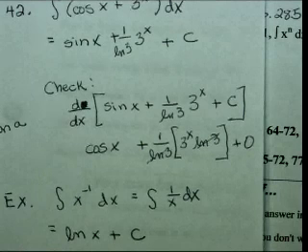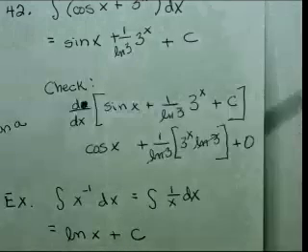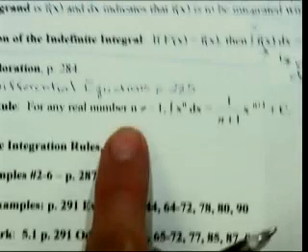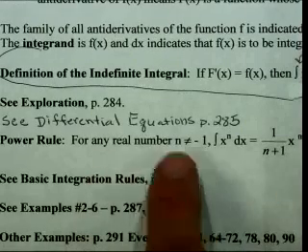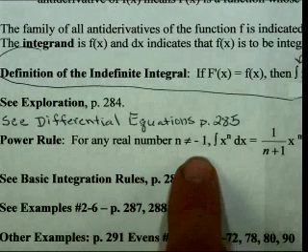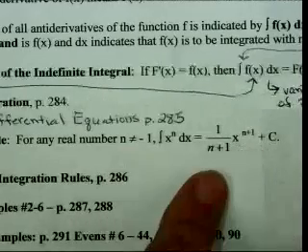So if we look back at Kayla's rule on the handout, there was actually a part of Kayla's rule that Kayla didn't even realize was there yet. The power rule for integrating says for any real number n except negative 1, for any exponent except negative 1, you can just add 1 to the exponent and divide by the exponent.